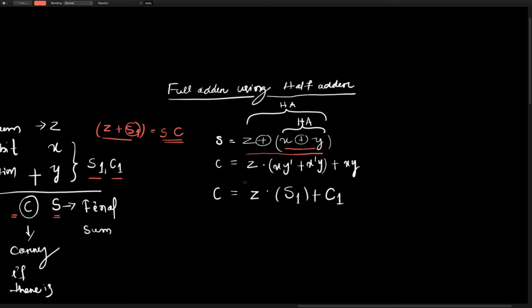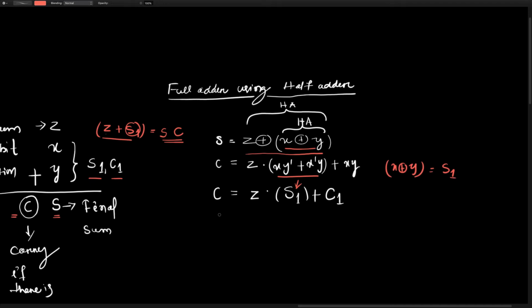What about the carry? You can find it as Z dot S1 plus C1. This gives you the final carry. I have compressed this into a simple expression, because x y bar plus x bar y is x XOR y, and that is exactly S1.